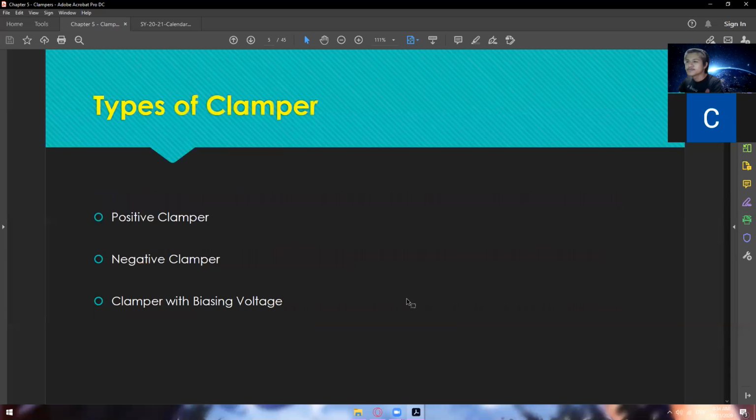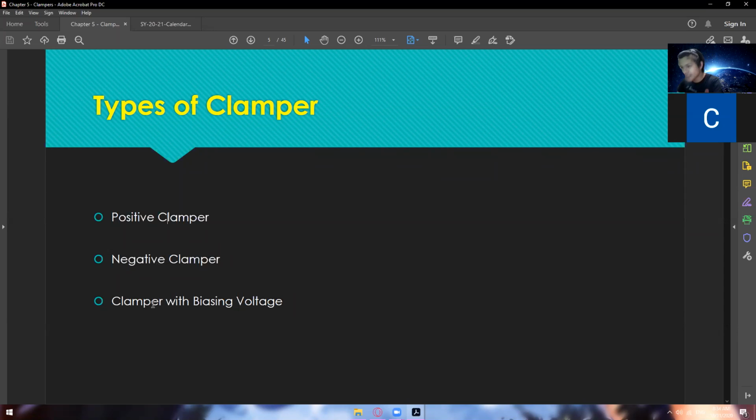Okay. So we have three types only of clamper. So we have the very two basic, okay. The positive clamper, wherein it will shift the level to above the ground level. And then we have the negative clamper, wherein it will shift the voltage waveform below the ground level.